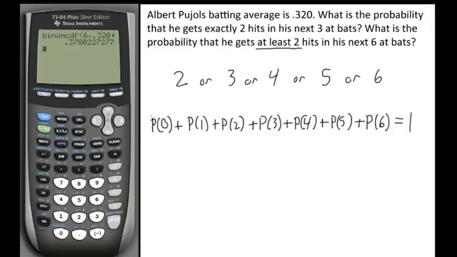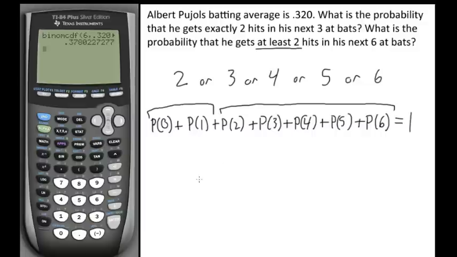So what we did was we very easily found this right here, the probability of 0 or 1. What we were actually asked for was this right here, the probability that he gets 2 or more, or at least 2.